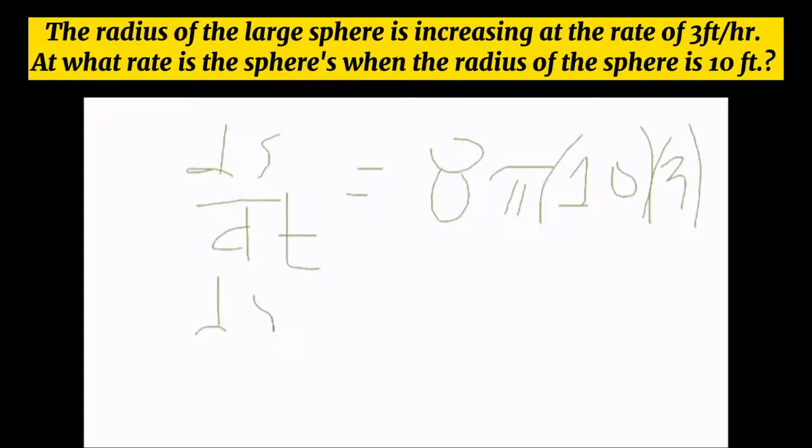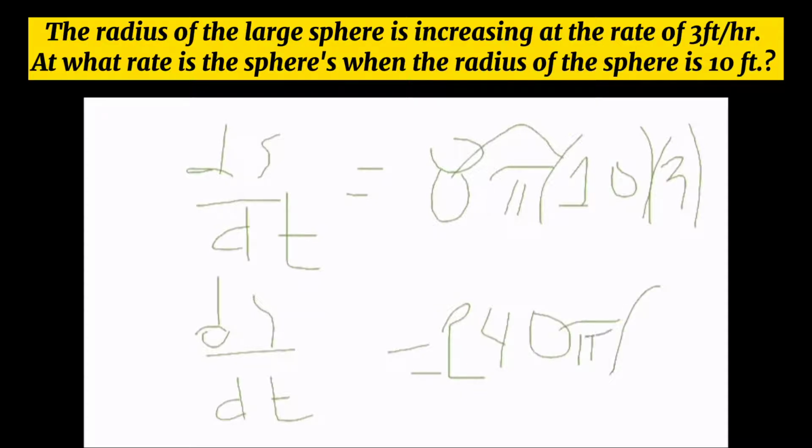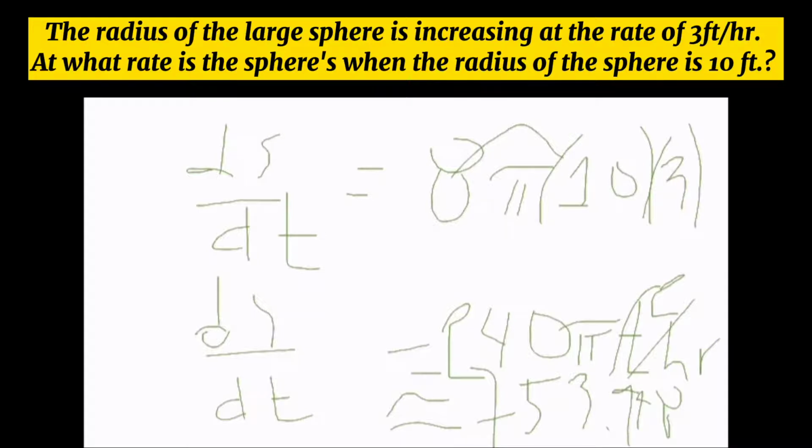So 8 times 10 is 80, times 3, that becomes 240 pi feet squared per hour, or 753.98 feet squared per hour.